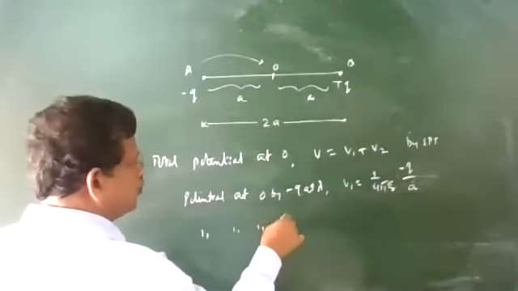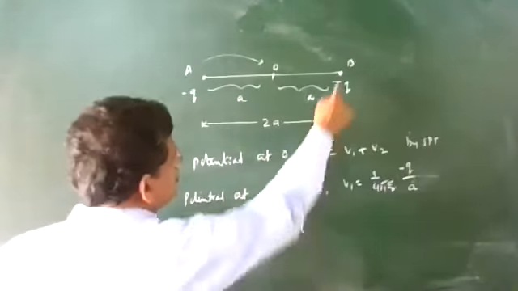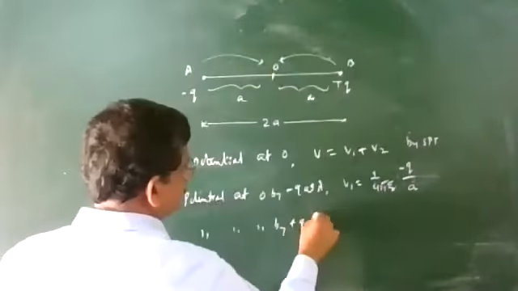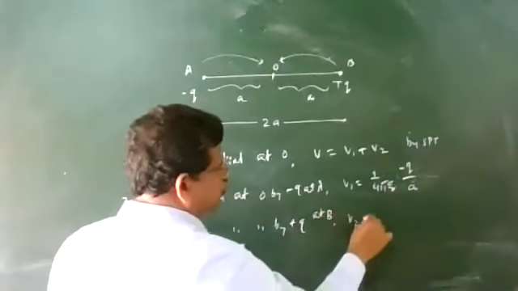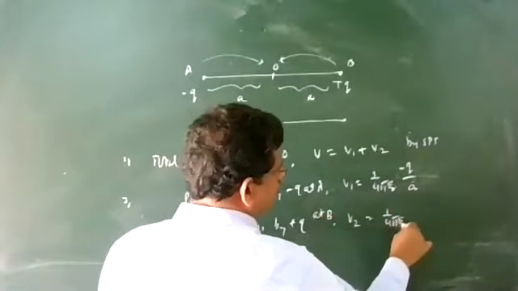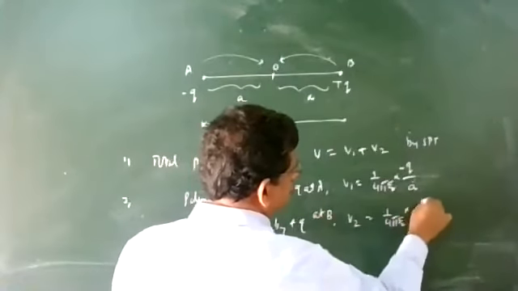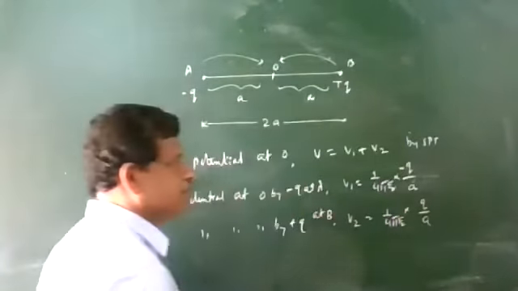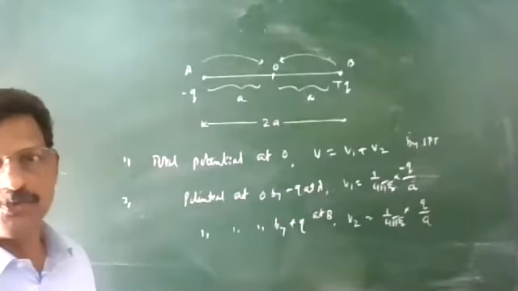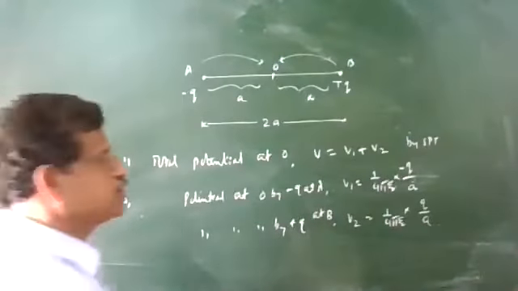Similarly, potential at O by plus Q charge at B, that is V2, is 1 by 4 epsilon 0, that is plus Q divided by A. So substituting these values in equation number 1, V1 plus V2.